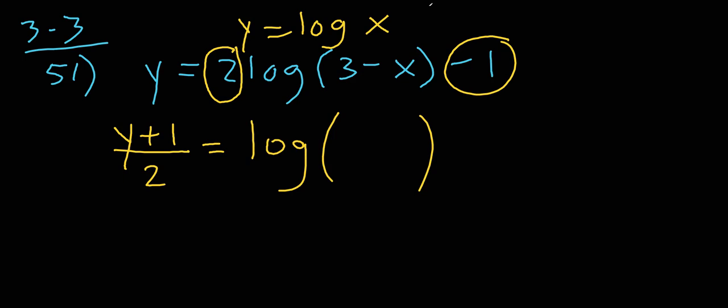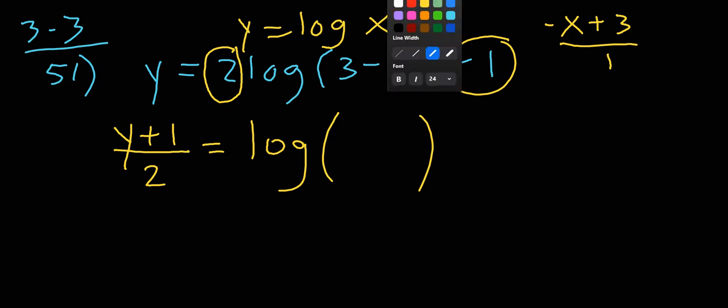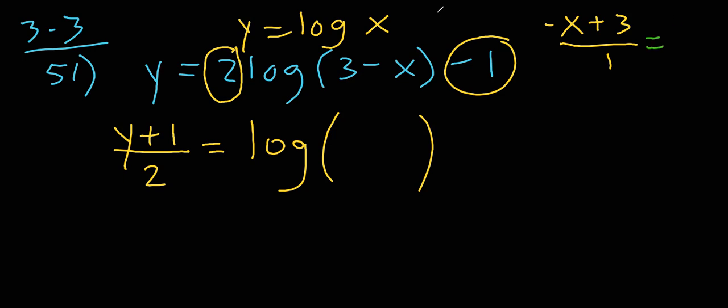Now, the tricky thing left is what's going on inside here. I'm going to flip this around. I'm going to make it negative x plus 3 over 1 instead of 3 minus x over 1. Fireproof form said we need something with a positive 1x in it. So what would you multiply that by to make that go from a negative 1x to a positive 1x? What are we multiplying by to take a negative 1 to a positive 1?